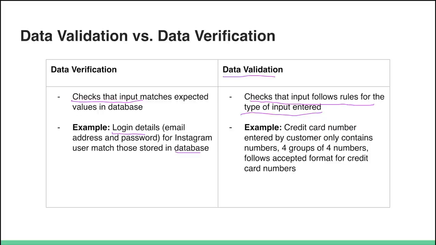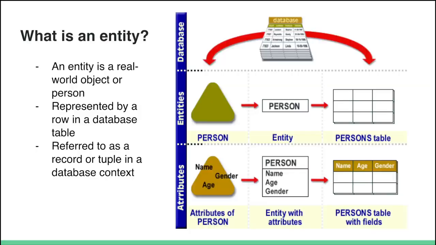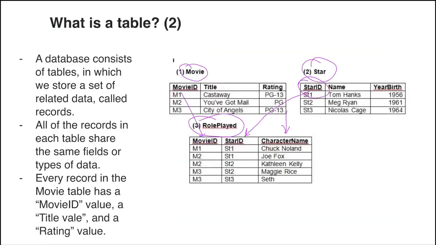In databases in general, but specifically with regards to tables, we make use of a concept called entities. So an entity is a real-world object or person, and that's represented by a row in a database table. So if we go back here, the entity we're representing is a movie.